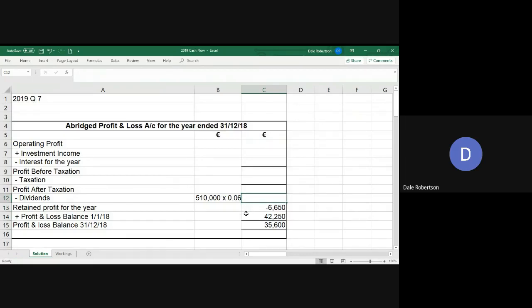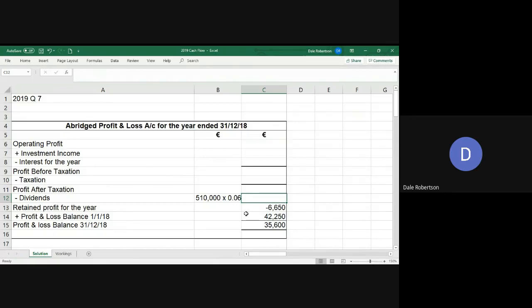How are they a negative number? Well, because I think this company may have paid out too much in dividends. How do you get the dividends? Well, this is the first of our notes. Looking at note 4, the total dividend paid for the year was 6 cents per share.